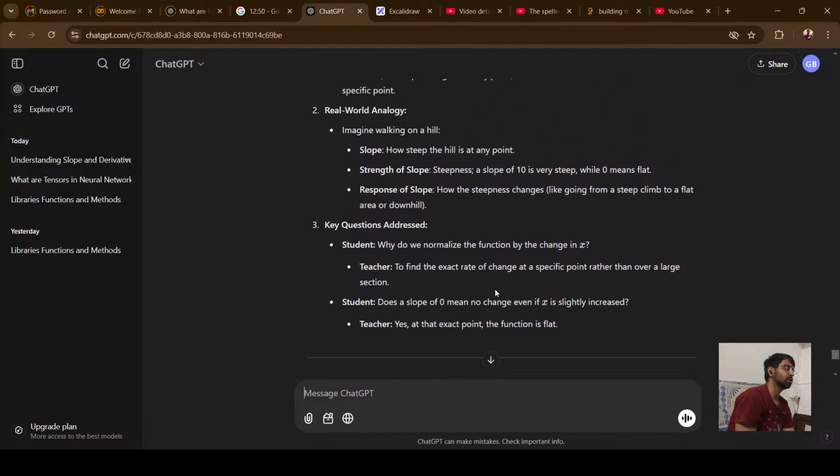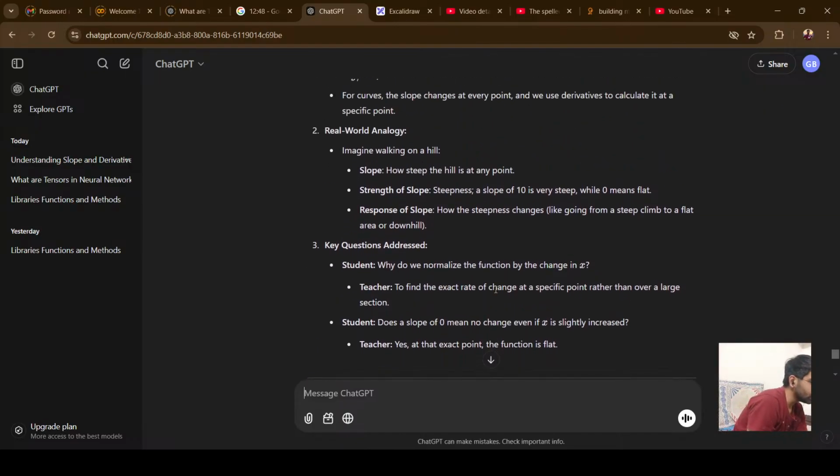So what does this actually mean? This question is good, why do we normalize the function by the change in x? Let's first understand with this straight line. Why are we dividing the change in y by change in x?